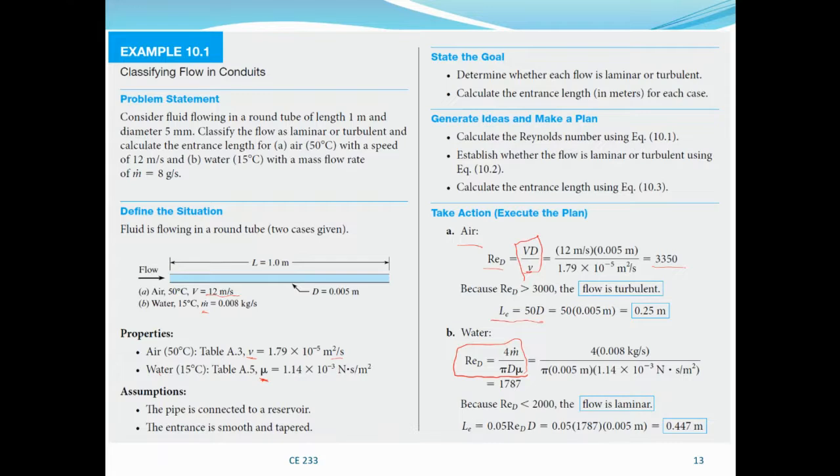So here we substitute the values. And this is the Reynolds number 1,700, which is less than 2,000. So the flow is laminar in this case. And the entrance length for laminar flow is given by this formula. So this is now the length within which the flow is developing. I hope it is clear. Any question?